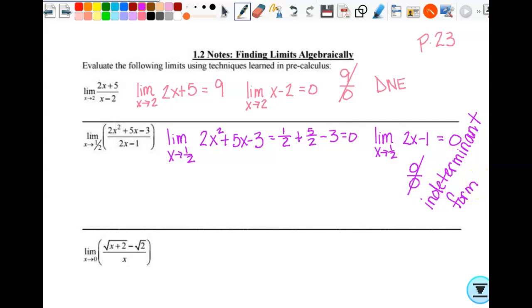And I'm going to explain to you the difference. Even though you can't divide by 0 in either one of these, this one does not exist. This one is an indeterminate form. It's a different kind of form of does not exist. And here's the difference between these two.